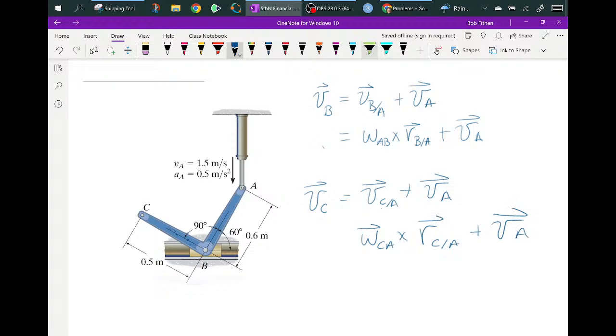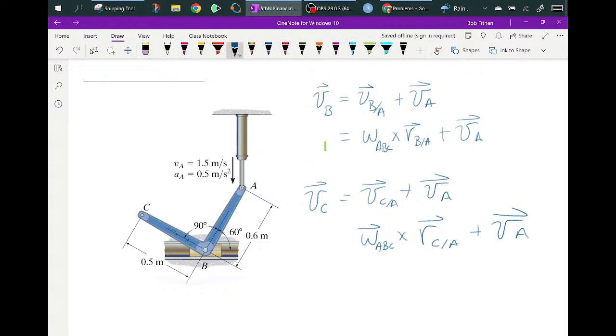However, this omega and this omega are the same thing. So it might be better suited to write this as omega ABC. In that, it's the whole link ABC. It's everything here.